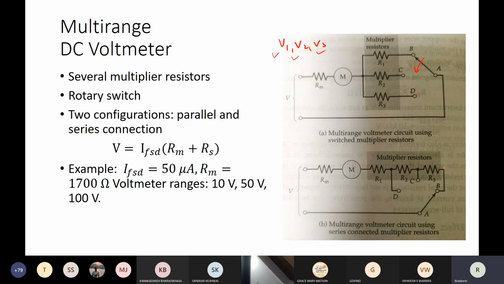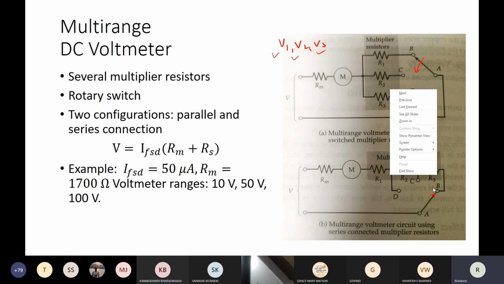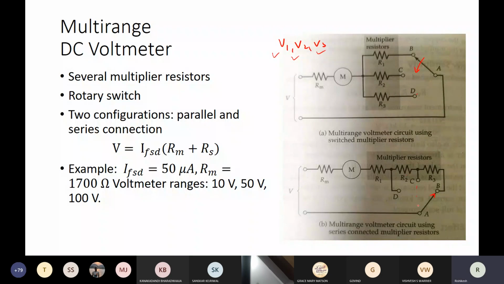Okay, so depending on the rotary switch position, either R1 plus R2 plus R3 is in series, or if it is in this position, then R1 plus R2 will be in series, and when it is in this position, R1 will be in series with the meter.